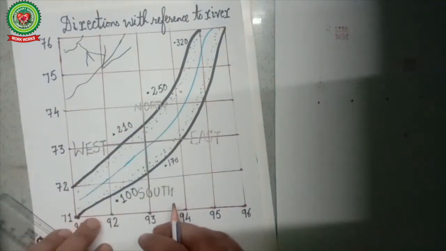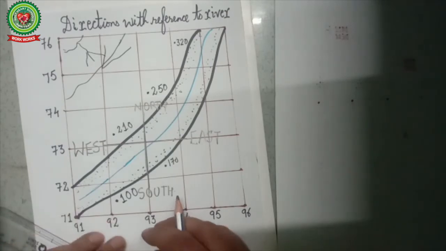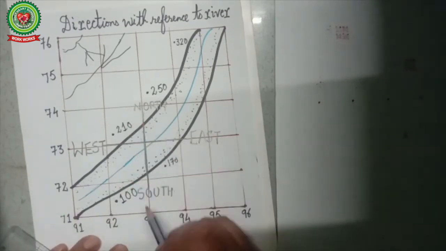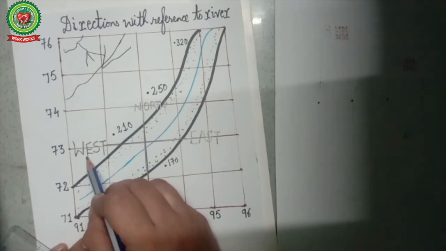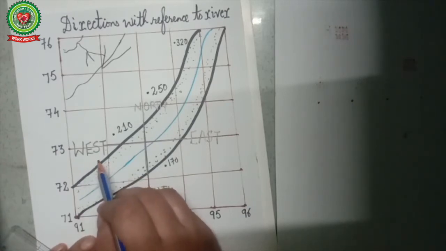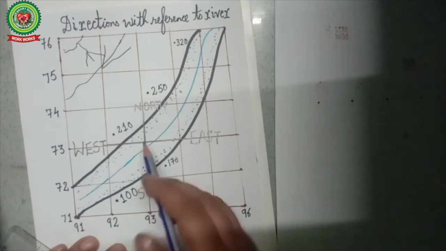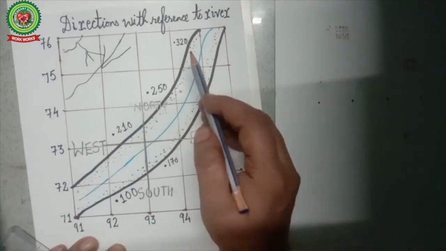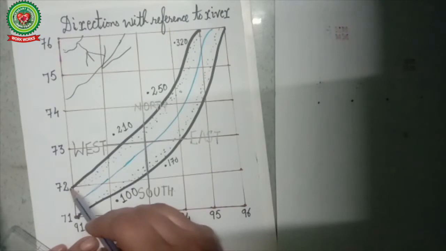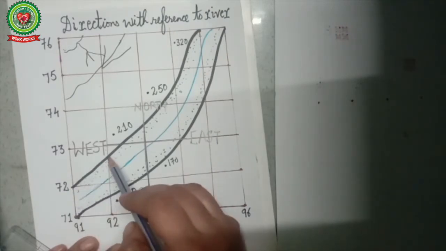Now once after marking these 4 cardinal points, north, south, east and west, our next step will be to look upon the spot heights along the bank of the river.